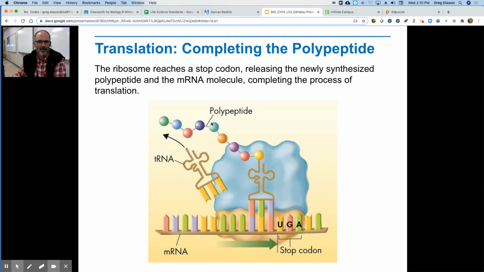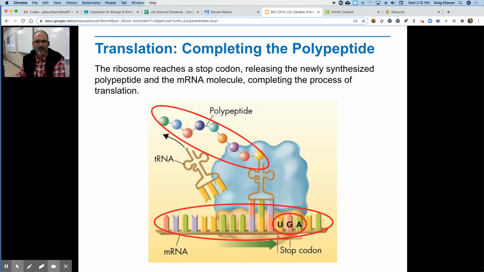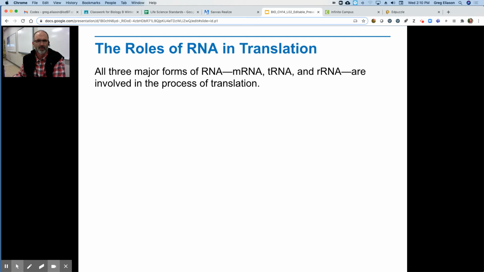So this is our polypeptide. Poly, many, peptide is the bond between the two amino acids. So many bonds, polypeptide. That mRNA molecule is then completing the process of translation. So what we have is a string of amino acids. Okay, so it hits AUG and puts that on there.